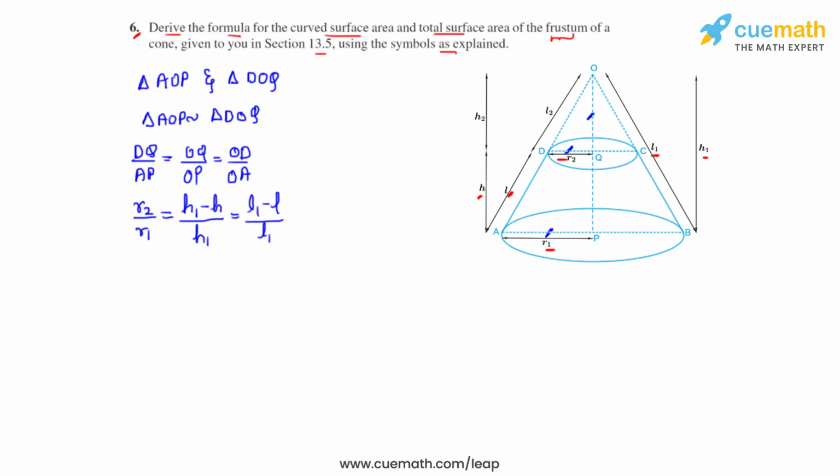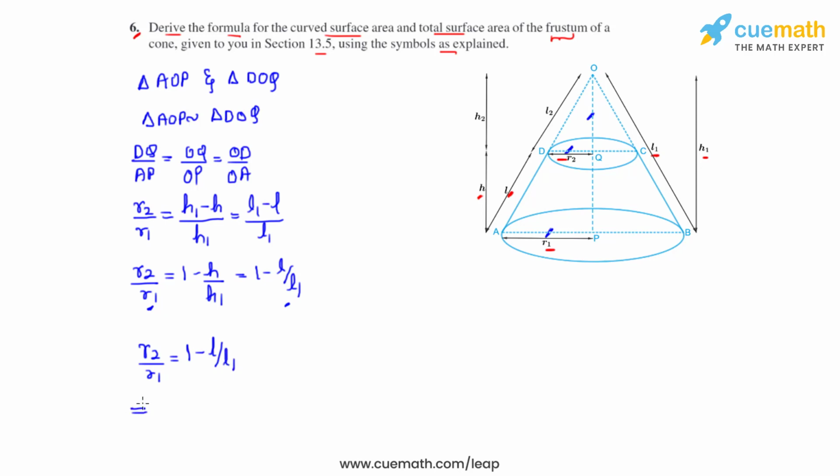Now we can simplify it as R2 by R1 equals H1 divided by H1, which is 1, minus H by H1, and that equals 1 minus L by L1. What we can do is equate these two parts. So we write R2 by R1 equals 1 minus L by L1.